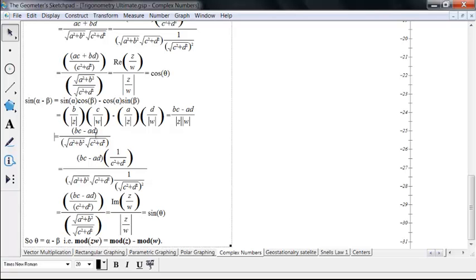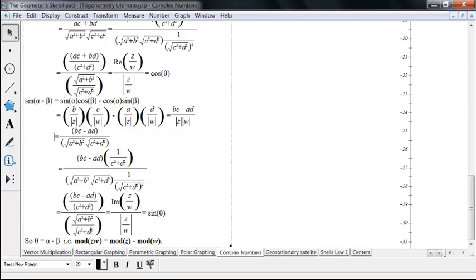And just like the last time, we're going to multiply top and bottom by 1 over c squared plus d squared. In the bottom, I'm going to think of that c squared plus d squared as square root of c squared plus d squared, and then multiply by that twice. So in the top, I get bc minus ad over c squared plus d squared. In the bottom, one of these square roots cancels, but you have the other one, so you get square root of a squared plus b squared over square root of c squared plus d squared.